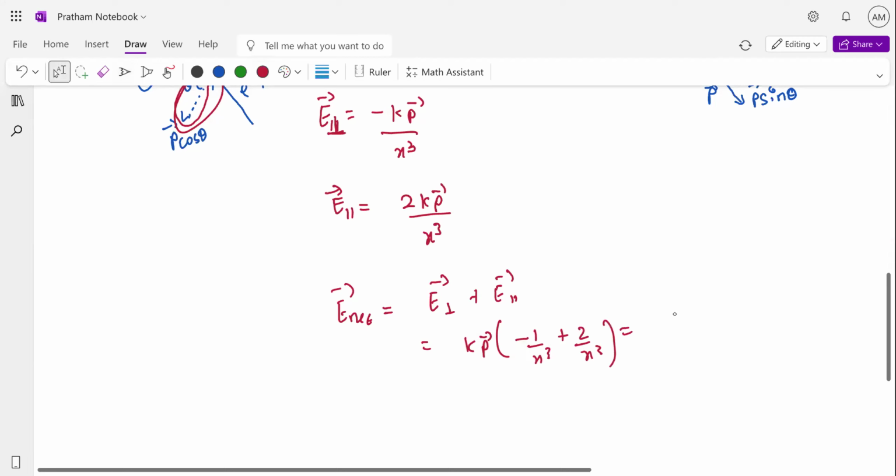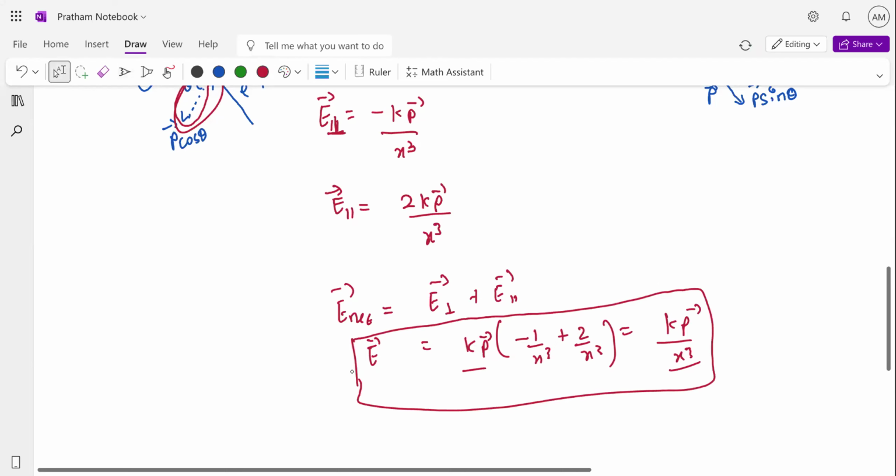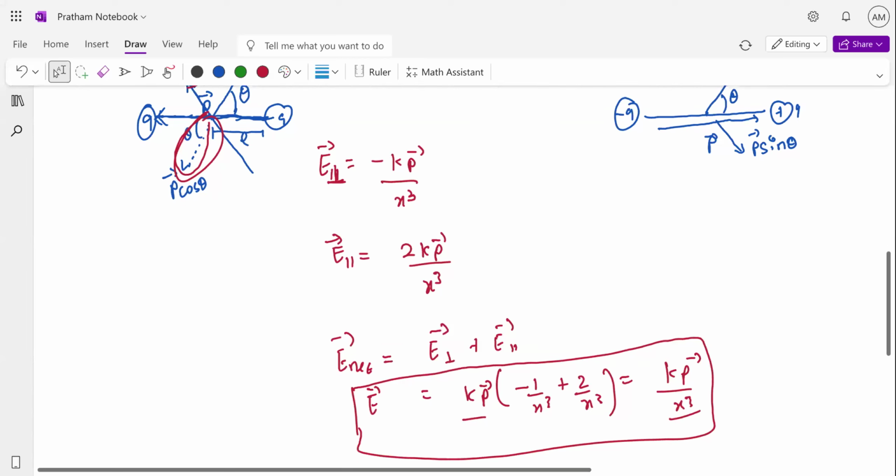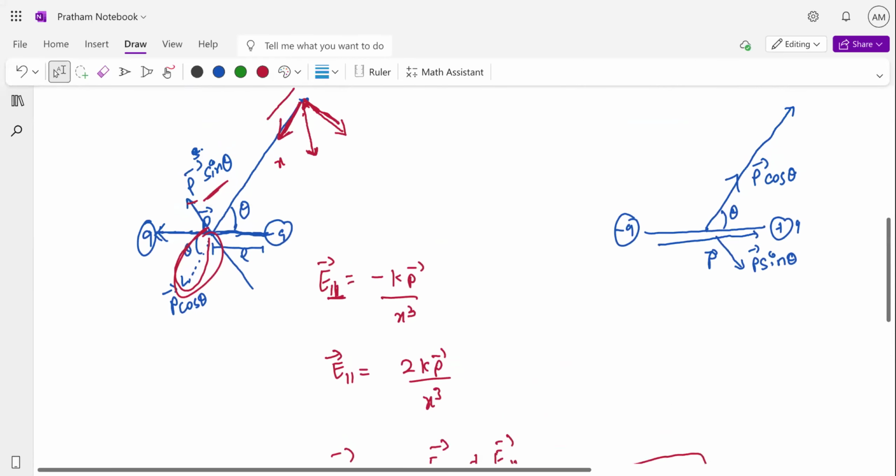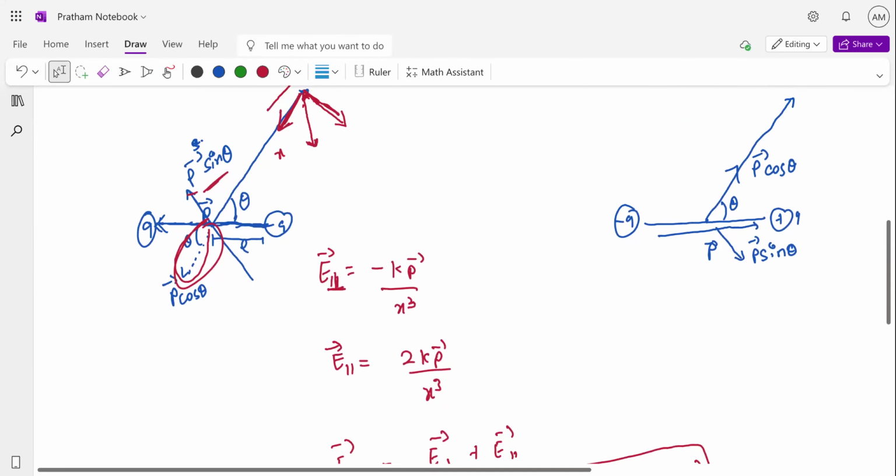So what you got finally is kp divided by x cube. This is the final value if you do the simple raw vector addition. Clear? Yes, sir. Okay, so this is the dipole direction.